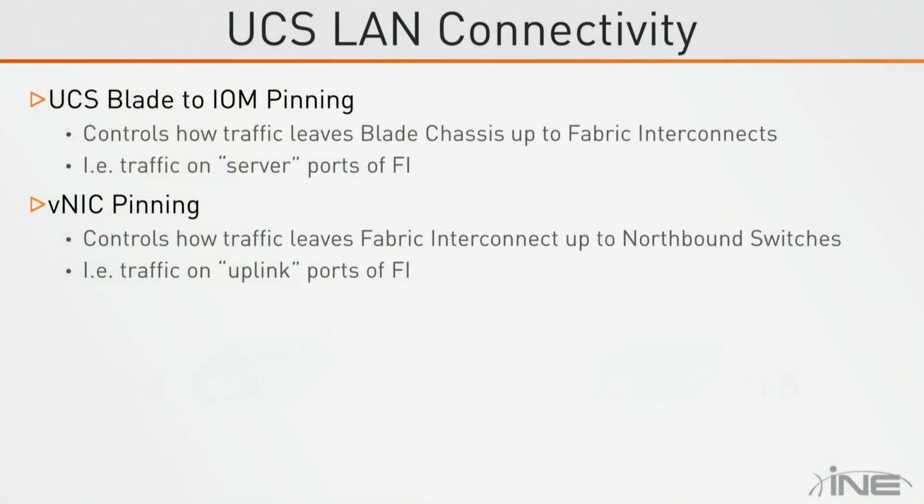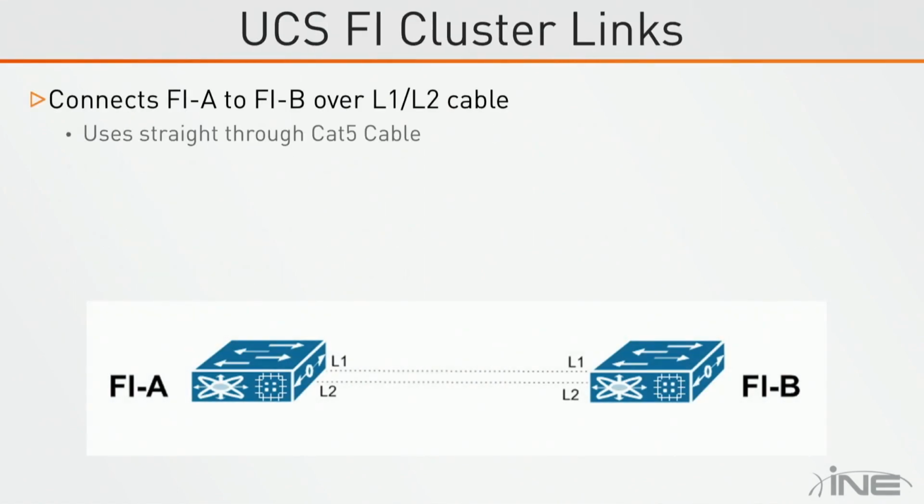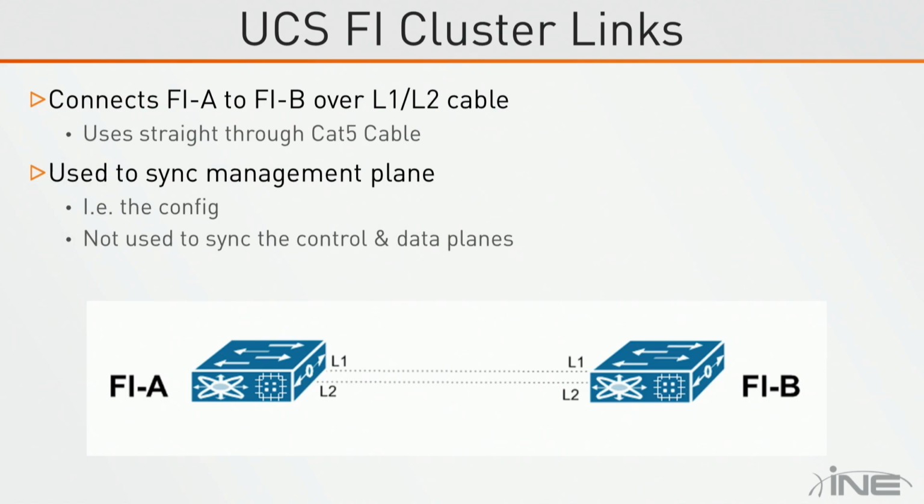Now the first of these, the blade to I/O module pinning, and actually before that I just want to make this clear. When we're talking about the physical connectivity of the fabric interconnects, the cable that is between the two of them, the L1 to L1 and the L1 to L2 cable, this is only used to sync the management plane, or in other words the configuration, but it's not used to sync the control plane, and it's not used to sync the data plane.